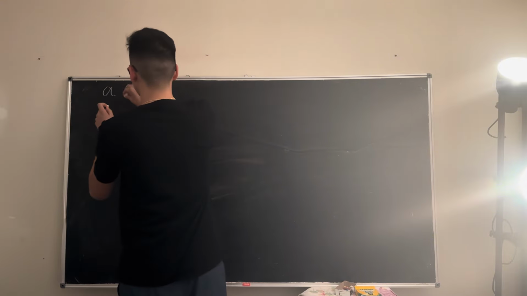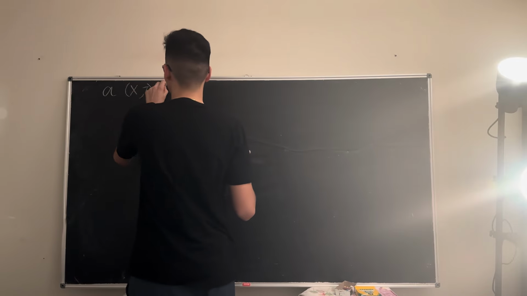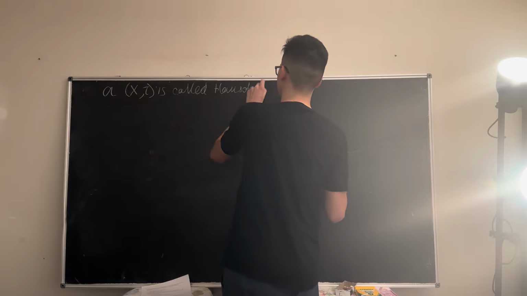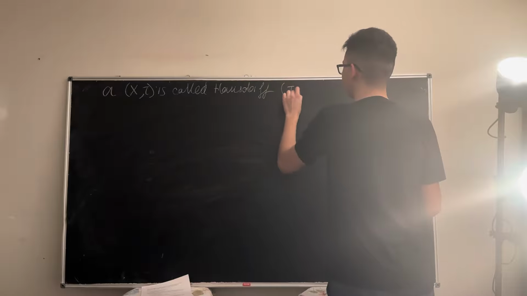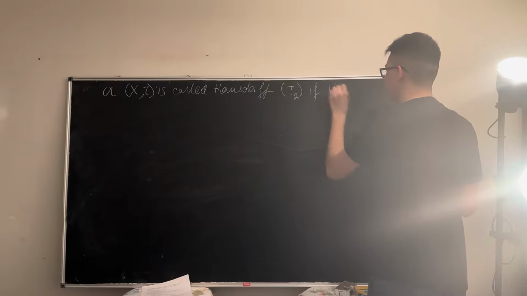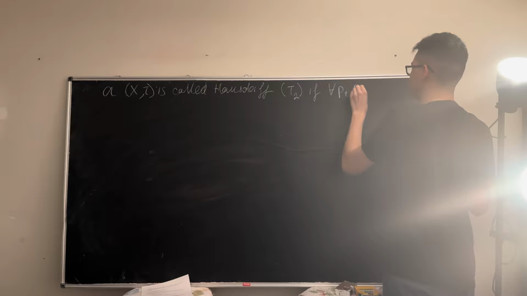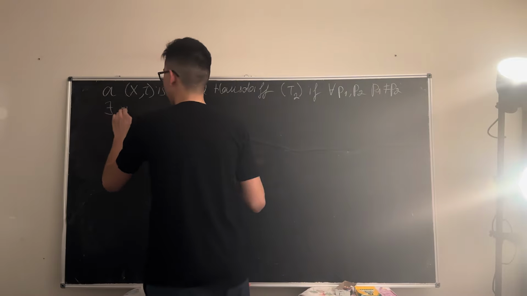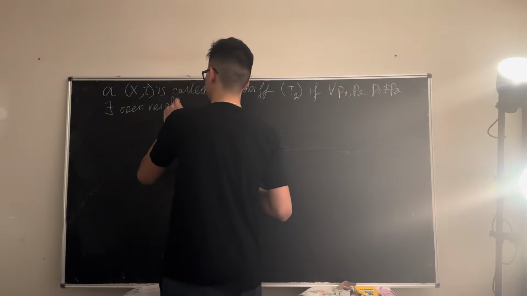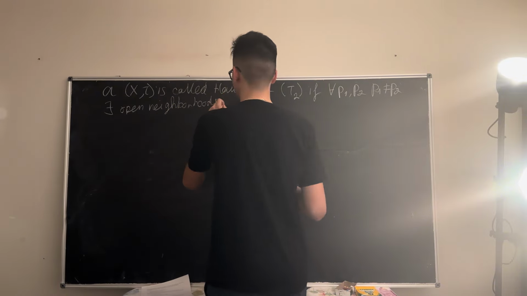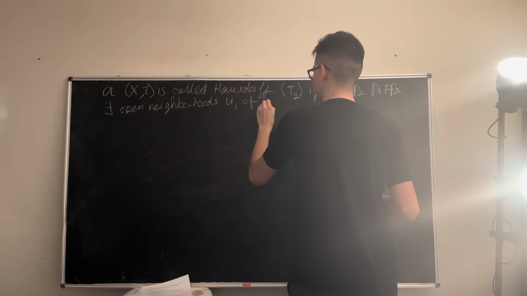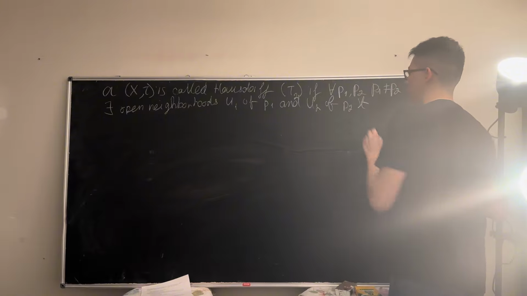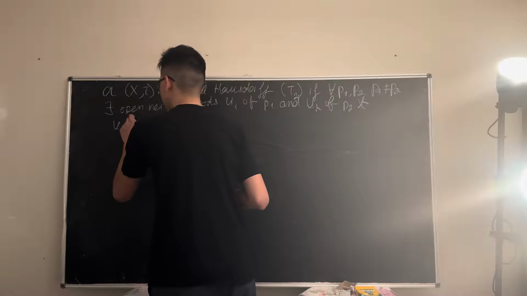So a topological space X with a topology tau is called Hausdorff, which is also abbreviated T2, if for any two distinct points, P1, P2, P1 not being equal to P2, there exist open neighborhoods U1 of P1 and U2 of P2 such that U1 and U2 are disjoint.